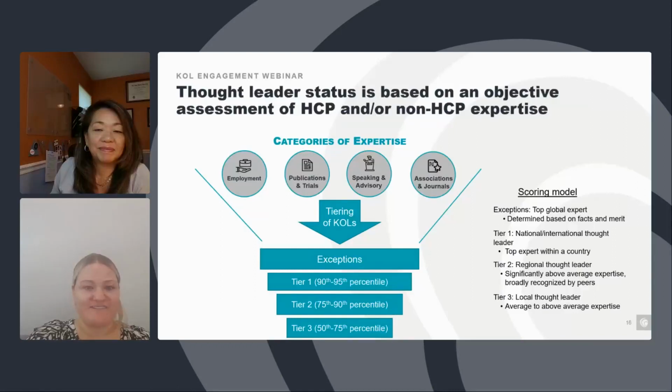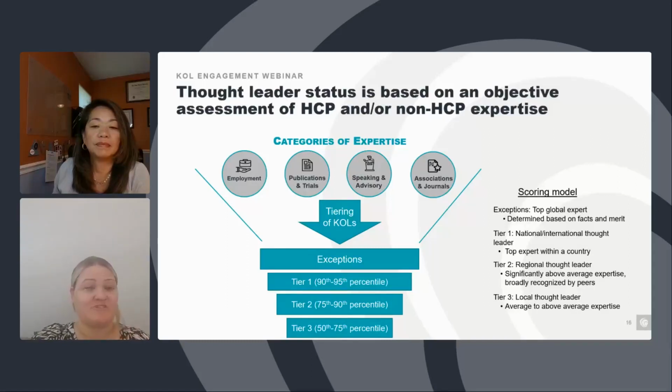Next slide. Getting into thought leader status here. So, in terms of tiering, and this is for compliance and legal purposes. You guys are seeing here the connection between KOL profiling as a medical commercial market access exercise, evaluating KOLs to determine how best to use them and how best to engage with them, where from the compliance legal perspective, we utilize the same data and information across everything that we discussed in the previous slide: publications, clinical trial activities, independent speaking engagements, employment and academic appointments and institutional affiliations.